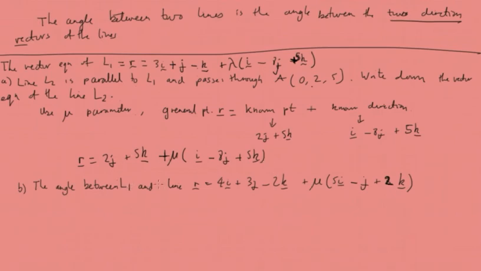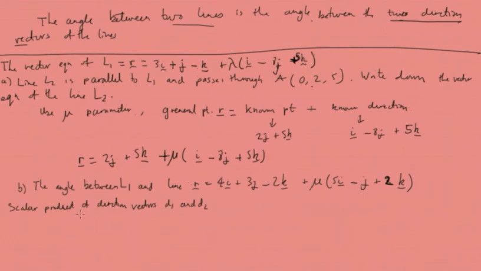So we're taking the scalar product of the direction vectors D1 and D2, because remember, the angle between two lines is the angle between the two direction vectors.